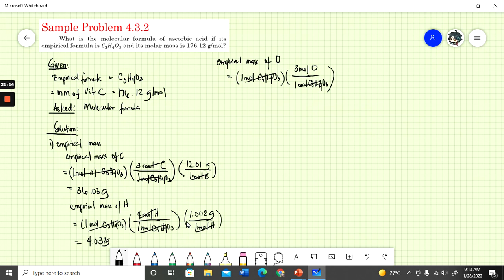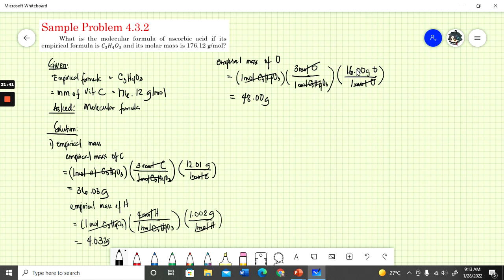This gets cancelled, multiplied by 16 grams of oxygen per 1 mole of oxygen. So moles of oxygen get cancelled. You are left with 3 times 16, which is equal to 48 grams.